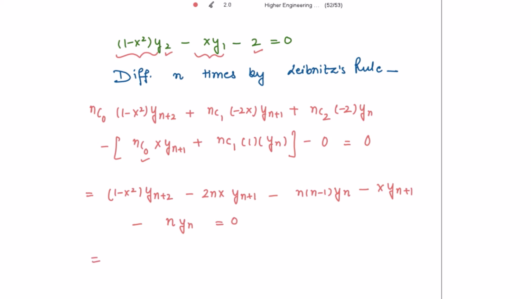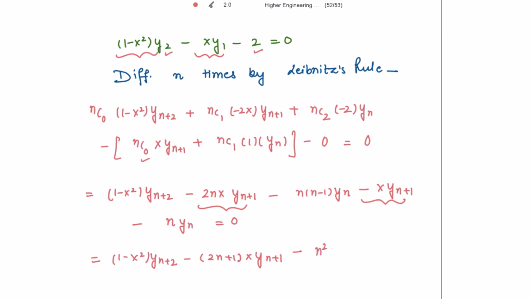So let's cancel a few terms. So this is equal to 1 minus x square into yn plus 2. And then collecting these two terms together, we get minus 2n plus 1 into x yn plus 1, right? Then minus, here I am having n square yn.